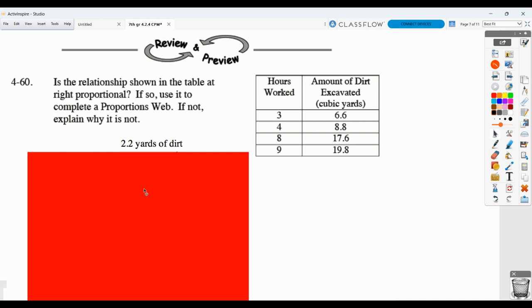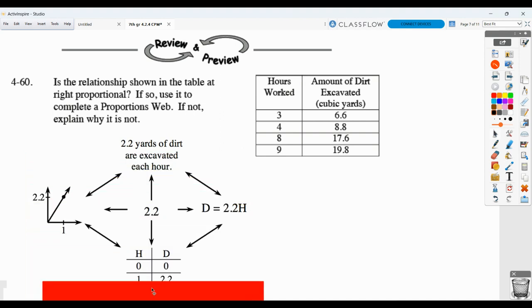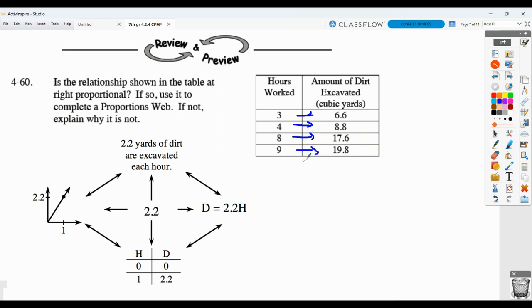So first thing we need to do for proportions web is to look at these different areas. One is, what is the amount? What is the unit rate? Well, we can see since the multiplier is 2.2, unit would say how much dirt are they excavating in 1 hour?